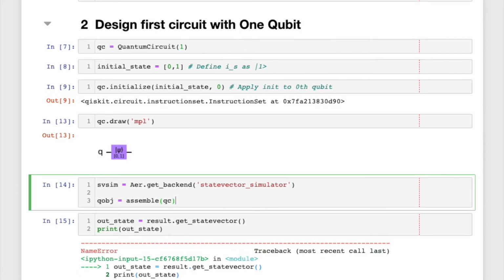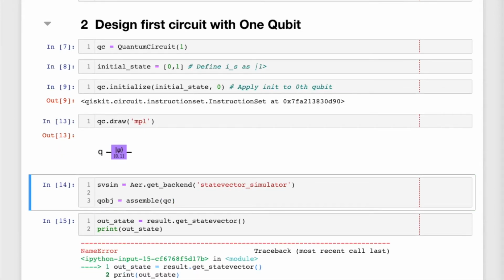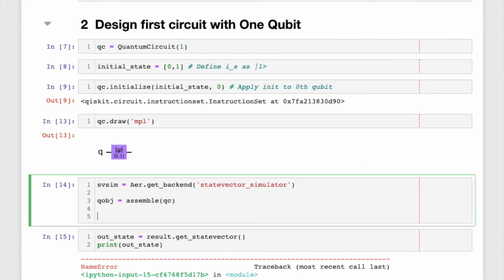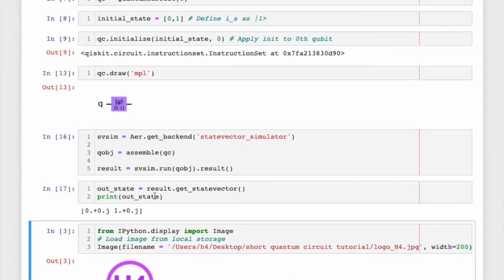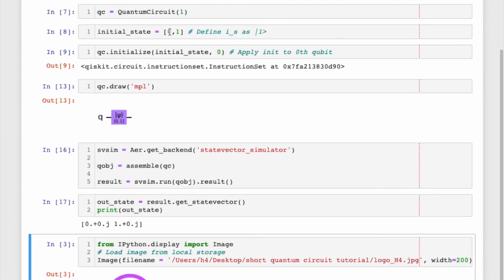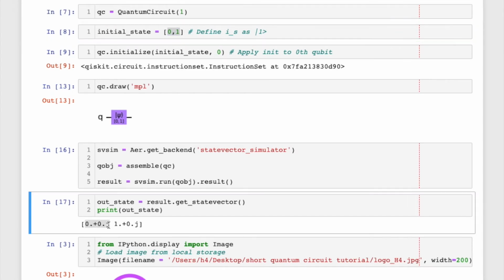This creates the qubit object from the circuit for the simulator to run, and then we need to tell it what result means. This is just doing the simulation and returning the result. So this delivers our state, which is basically 0, 1. This is 0 real part and 0 imaginary, and 1 real part and 0 imaginary.